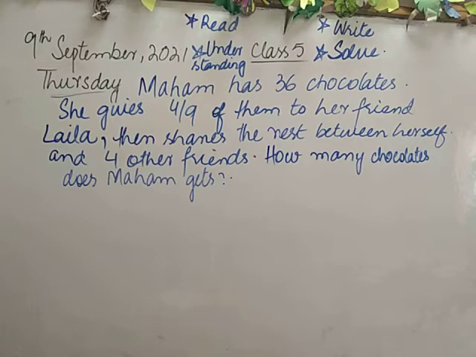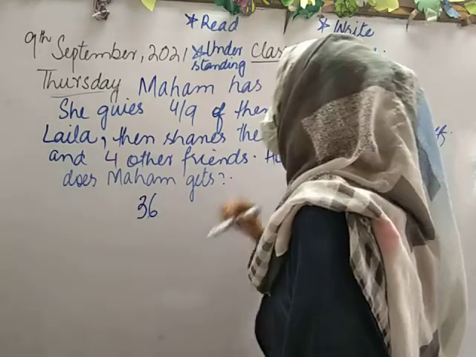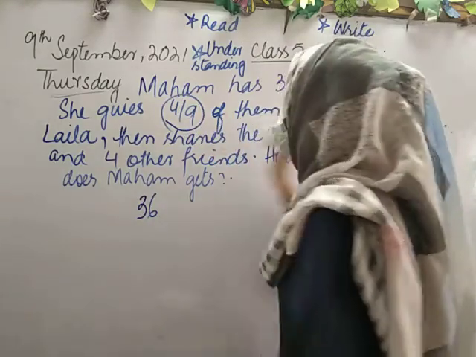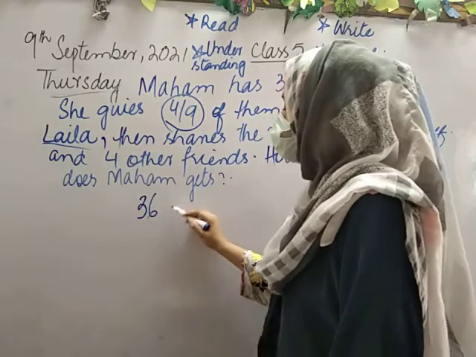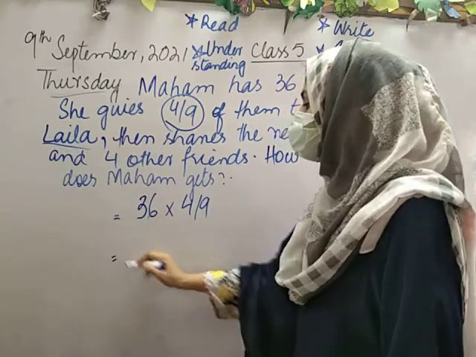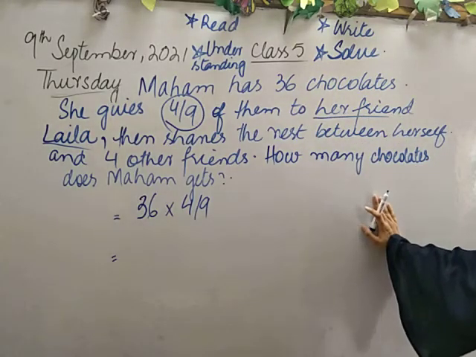Now class, first of all I am going to write, you have to listen very carefully. If you look, we have first of all 36 chocolates, 36 chocolates थी, जिसमें से 4/9 part उसने अपनी बेस्ट फ्रेंड लैला को दे दिया. So we will simply multiply 4/9 part.